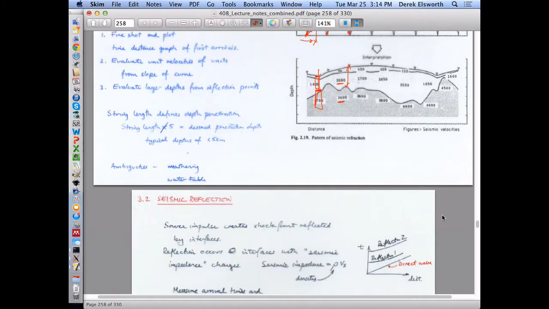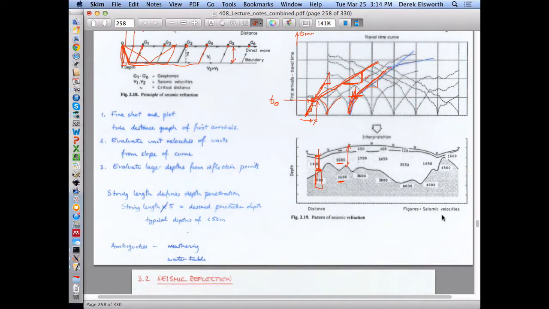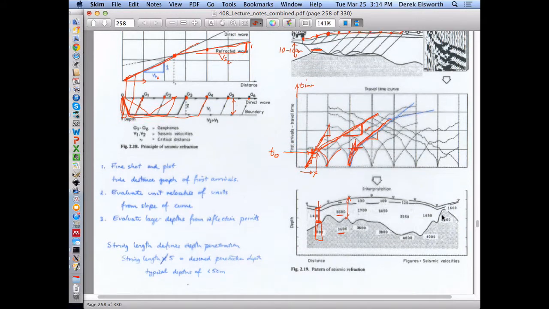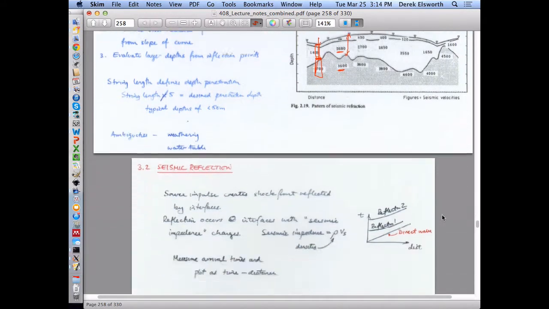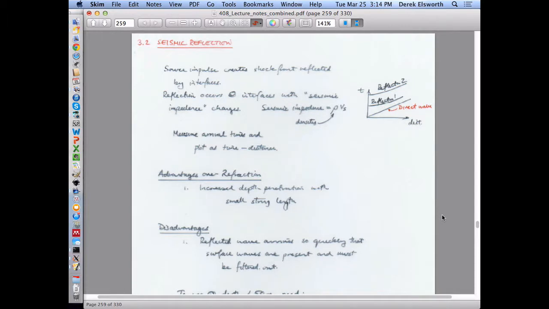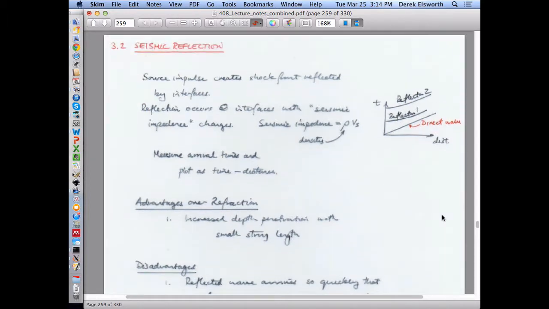So geophysics used to be, and is still, commonly used in environmental site investigations. It used to be that seismic reflection was the domain only of the petroleum companies.